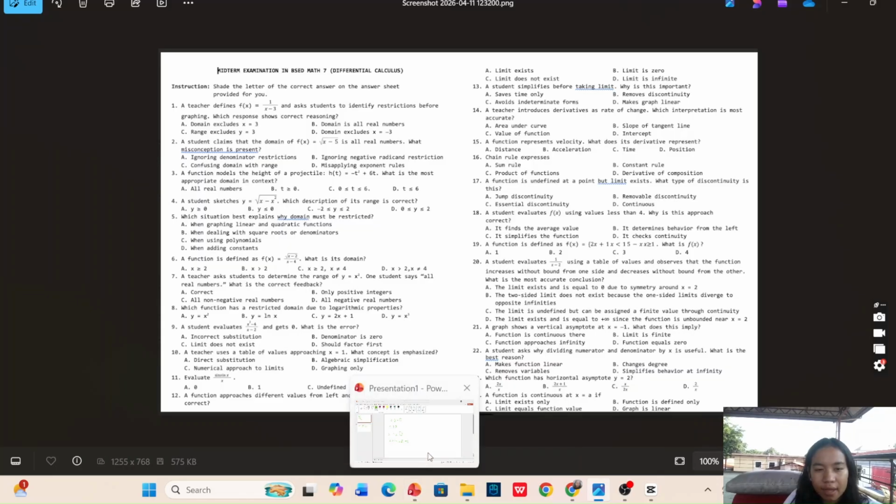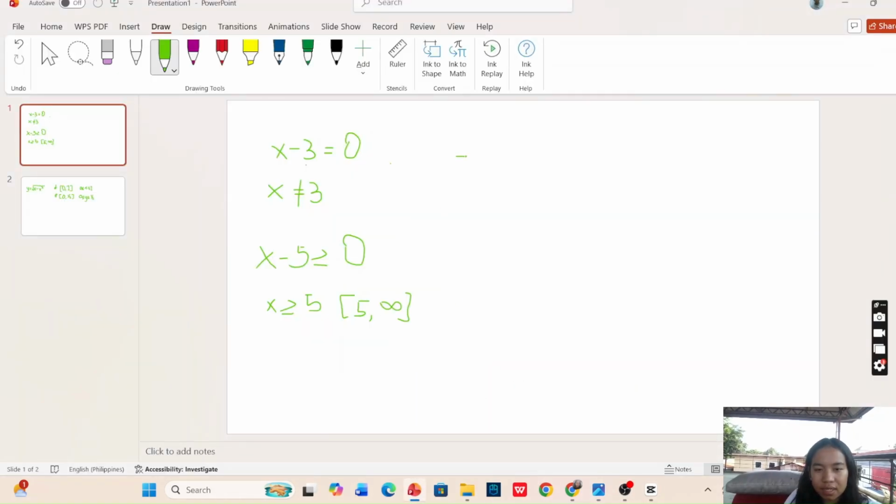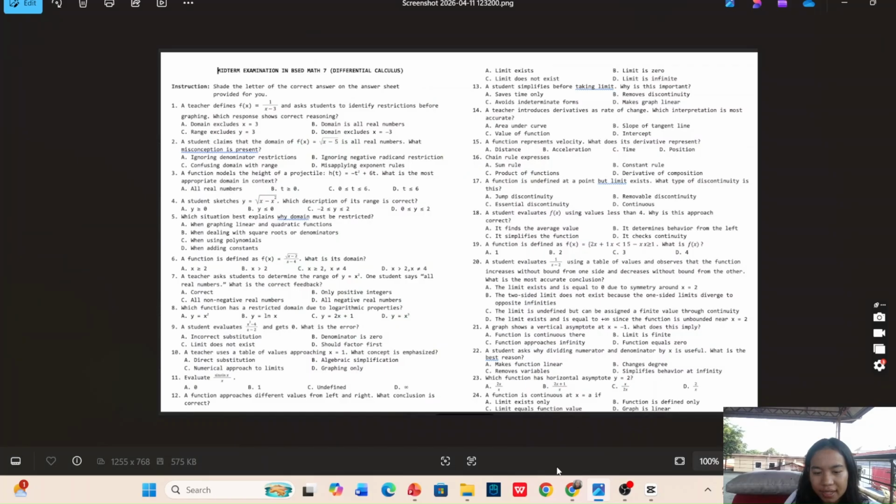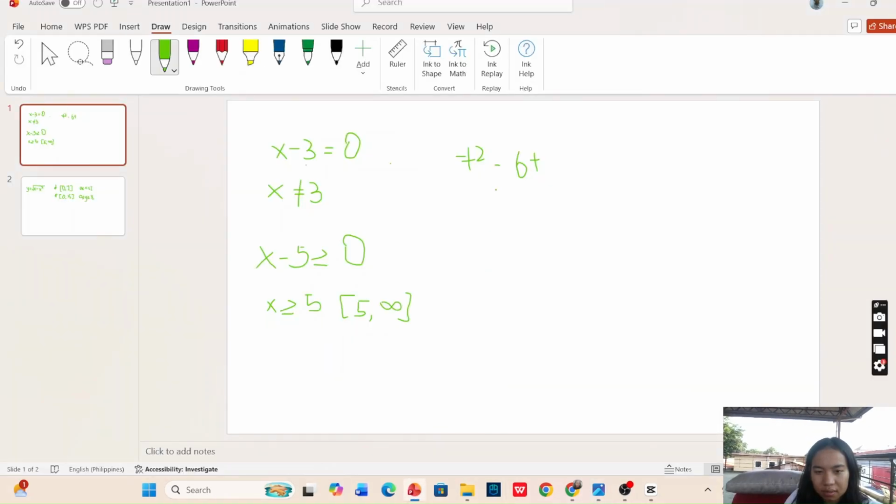That is negative t squared plus 6t. Since we can find a common factor from them, we can factor them. The common factor is t.